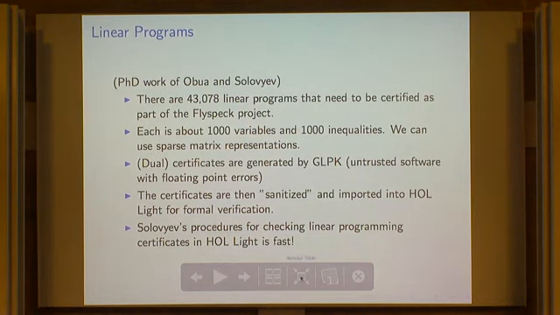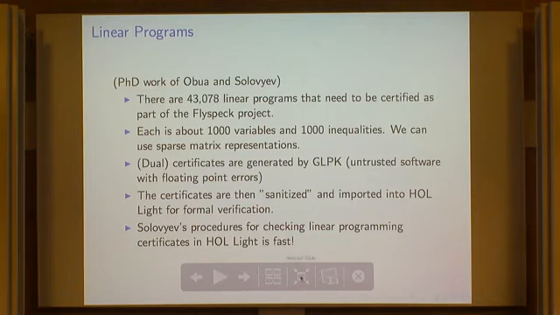Okay, so back to linear programs. We generate the dual certificates, as I just explained, in GLPK, and then import into HOL Light. Slobodan worked a lot on the optimization of this procedure. It's really quite fast, so maybe a second or two to do a linear program of this size.